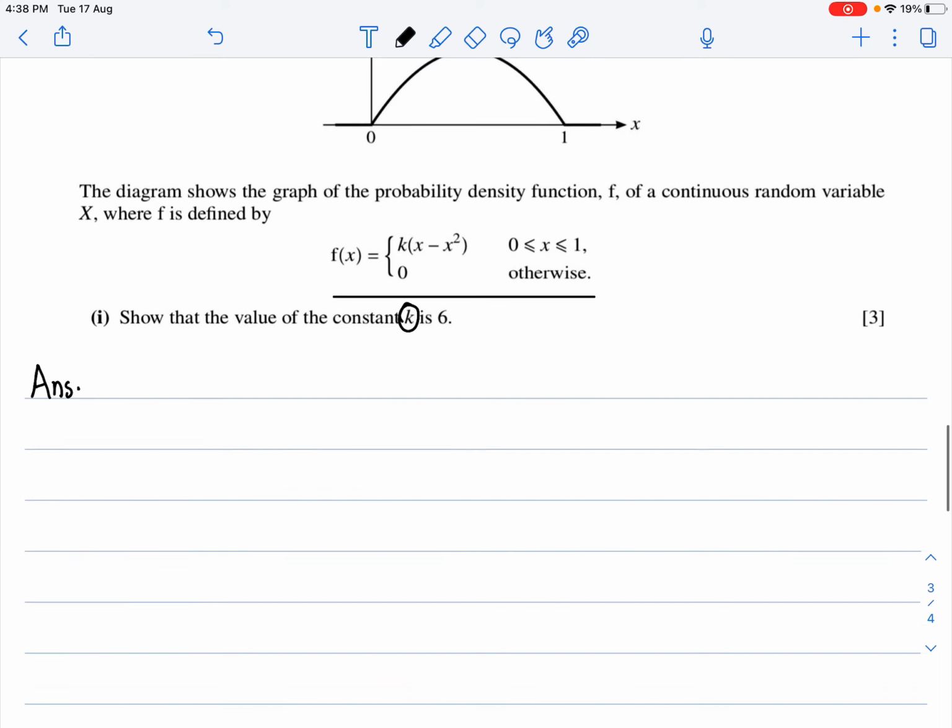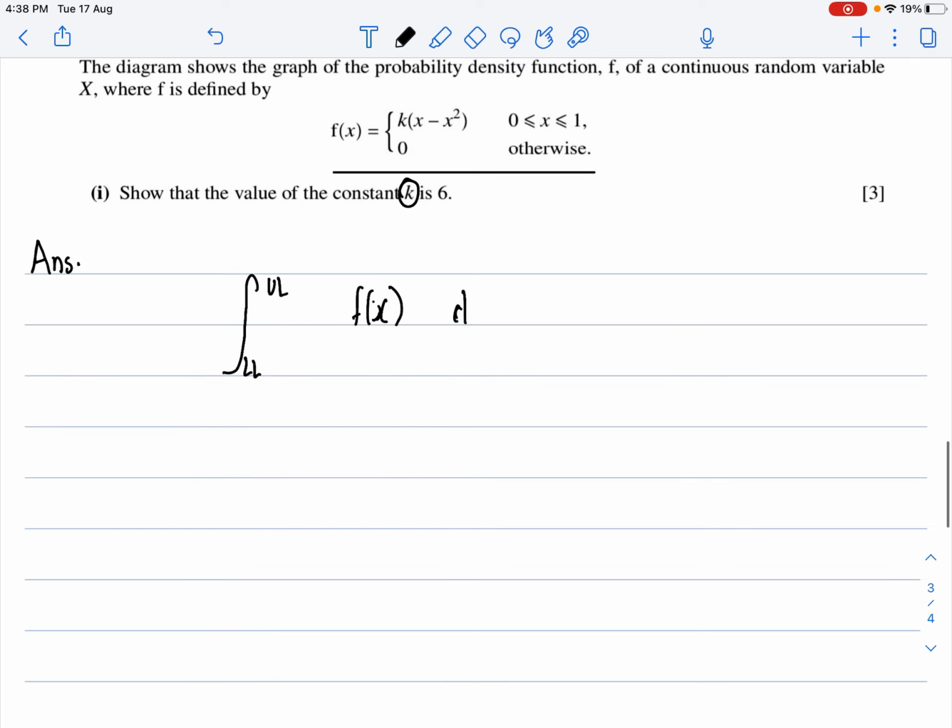So I know I need to integrate, with the lower limit and the upper limit, f of x dx, and I need to equate this to 1, correct? So I integrate, the limits I have is from 0 to 1. So I write 0 here, I write 1 here. I write this as k into x minus x square dx, and I equate this to 1.